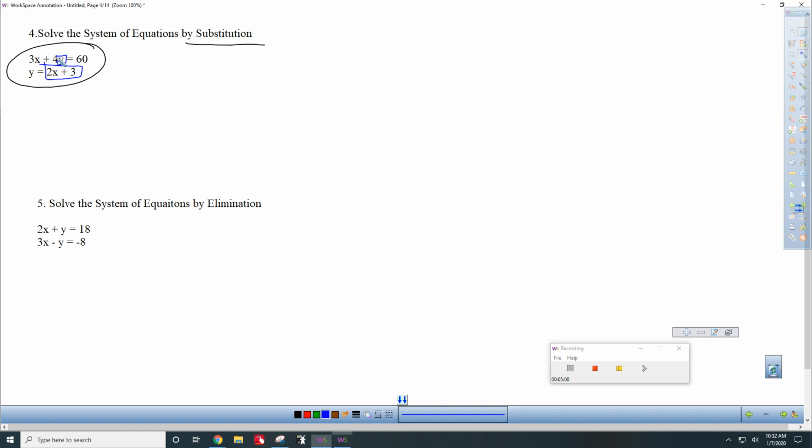Okay. What does y equal? Y equals 2x plus 3. So I rewrote my original equation, but I took out the y and I substituted in the 2x plus 3. Now this is an equation I can solve because there's only one letter, only one variable.